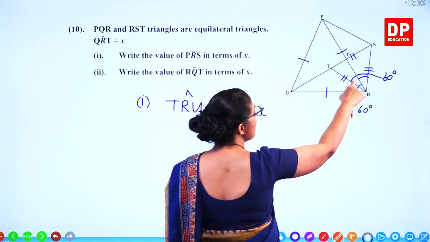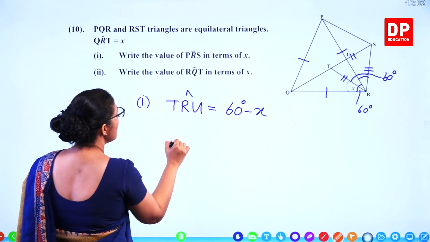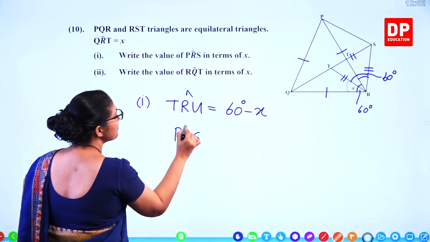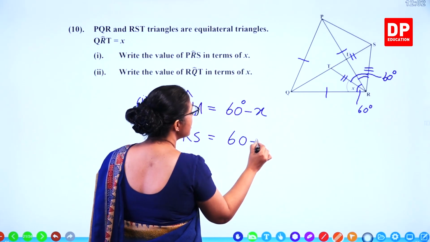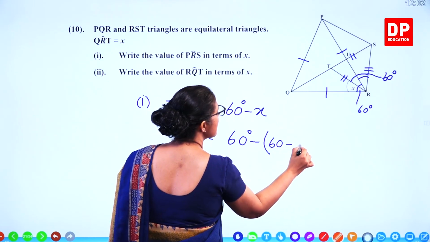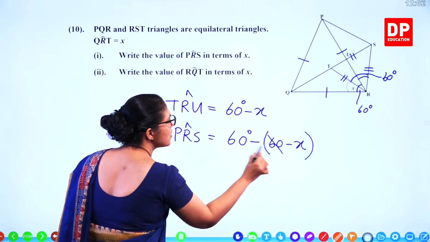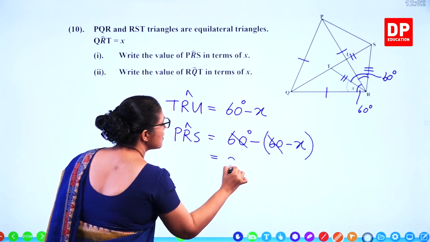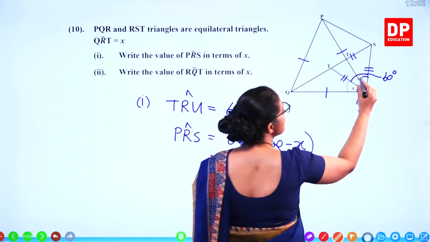And then you can find out this required angle. PRS equals 60 minus (60 minus x). So what you get? 60 gets cancelled out and you get x. So PRS, again this angle is x.